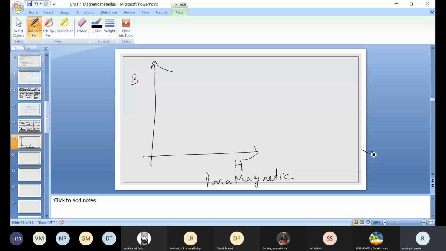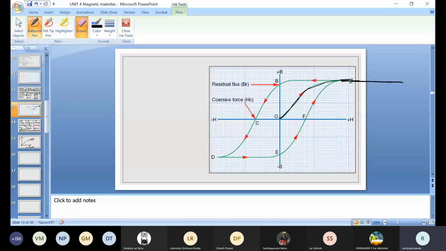But as I told you, in case of paramagnetic material, if we decrease the magnetic field again, it will follow the same line, the same pattern, and reduce the magnetization in the material. But in case of ferromagnetic material, that is not available.